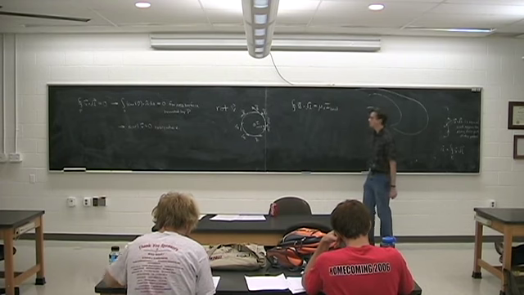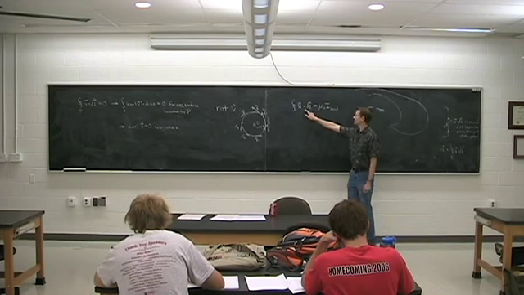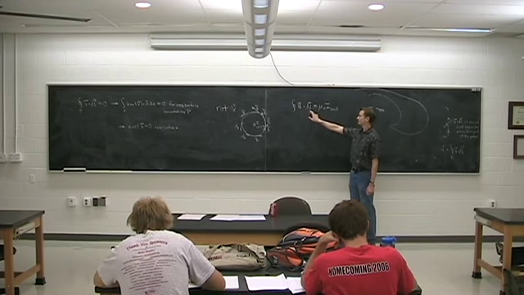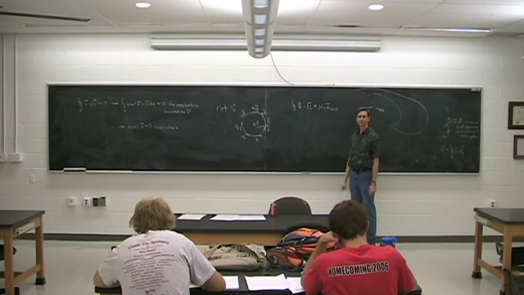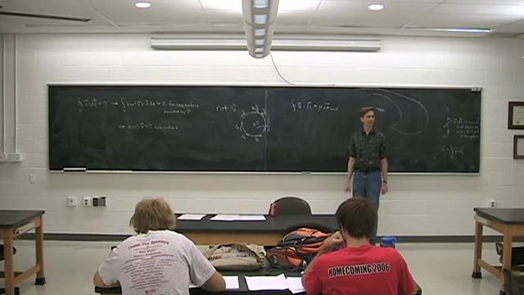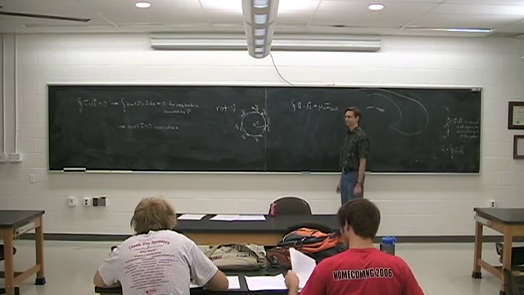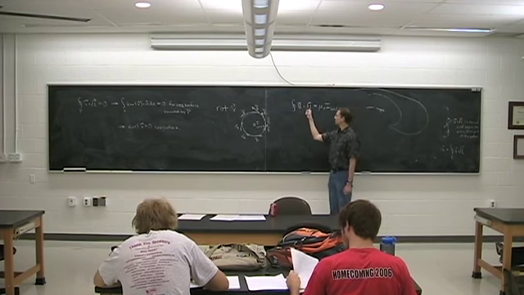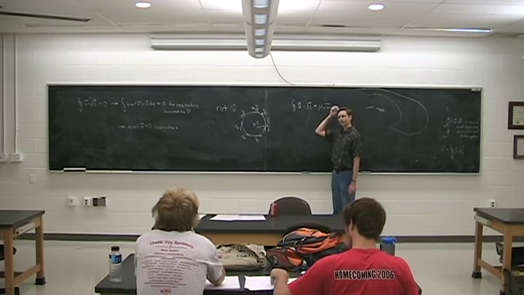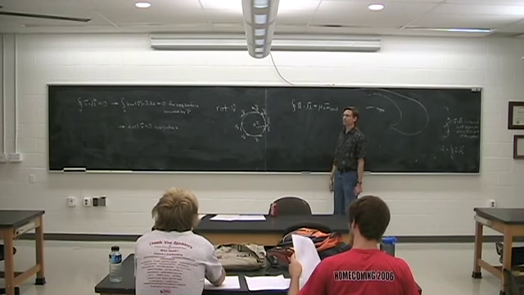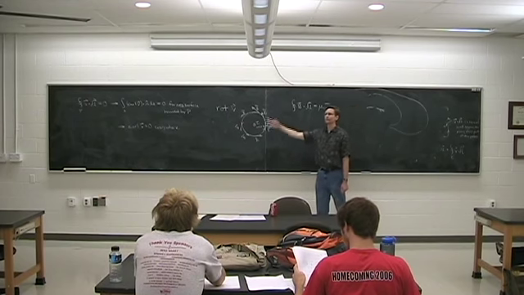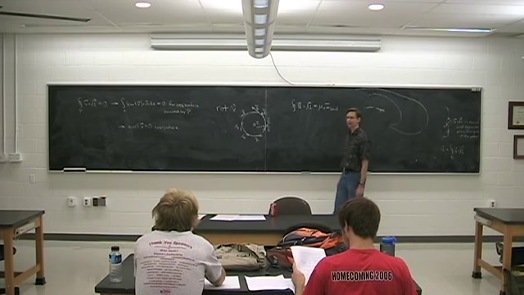Well, by Stokes' theorem, I can replace the integral of B around the path with what? What would Stokes' theorem say? So the line integral of B around some closed path, Stokes' theorem says I can replace with an integral over a surface bounded by that path.